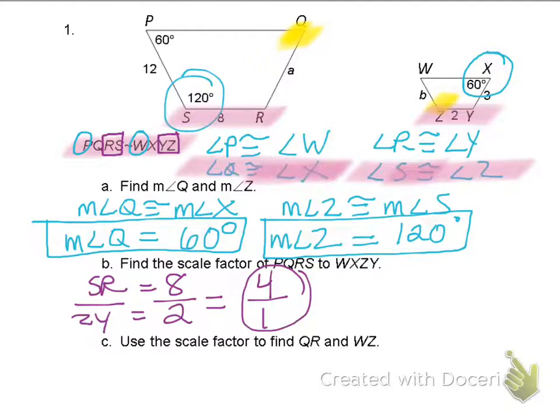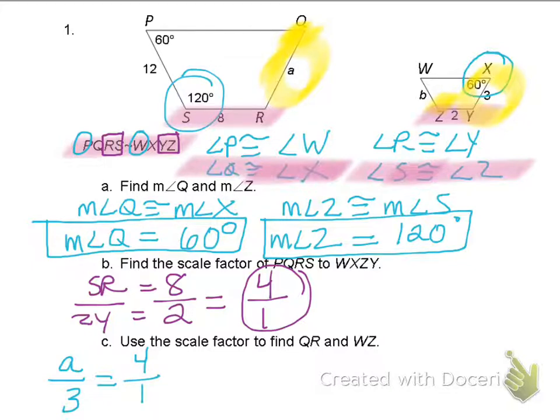Okay, and then the next step is to use that scale factor to find QR and WZ. So QR, let's find that. That's this side here. So we're going to be looking for A. That side is corresponding to this side that is 3 in the other shape. So we can do A over 3 is going to be equal to our scale factor of 4 over 1.